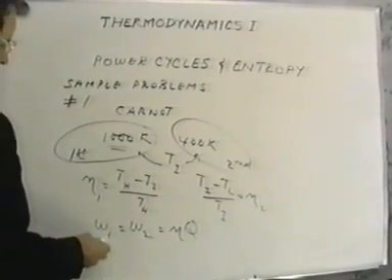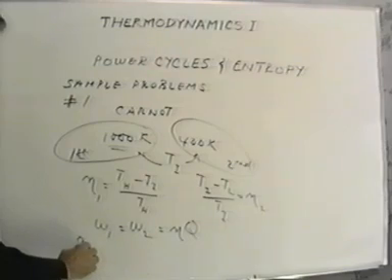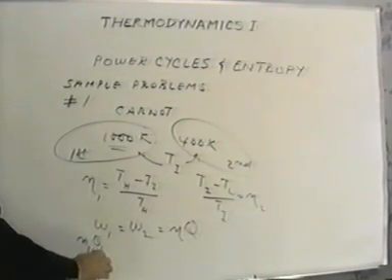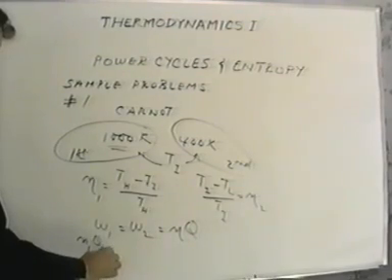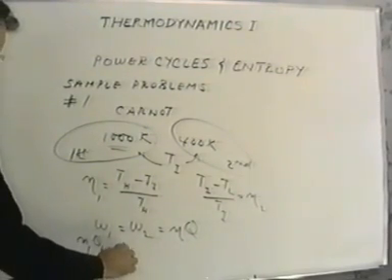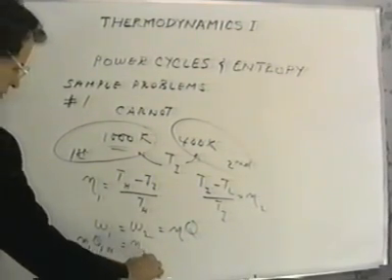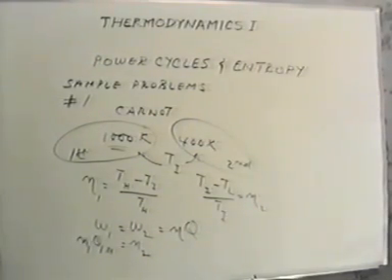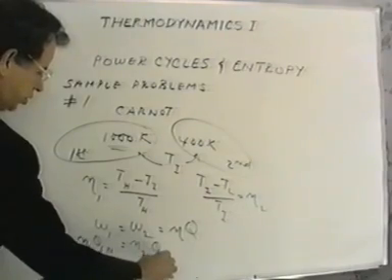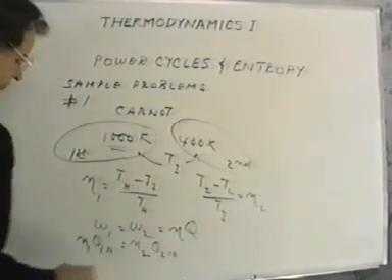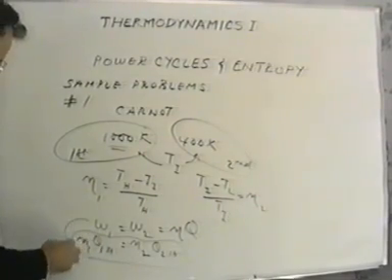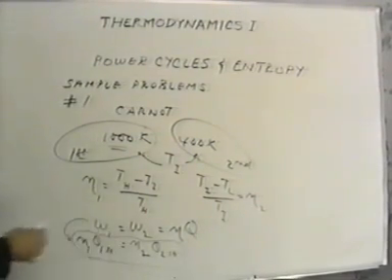So this means that W1 is equal to efficiency 1 times Q sub 1 in, and W2 is equal to eta sub 2 times Q sub 2, whatever goes in. So this would be the key equation, and this is the one we plan to use to solve the problem.